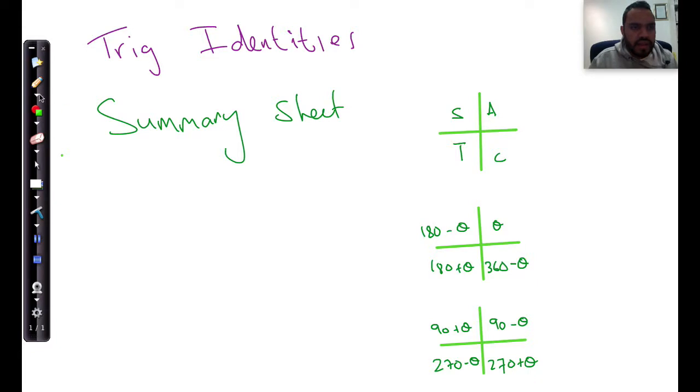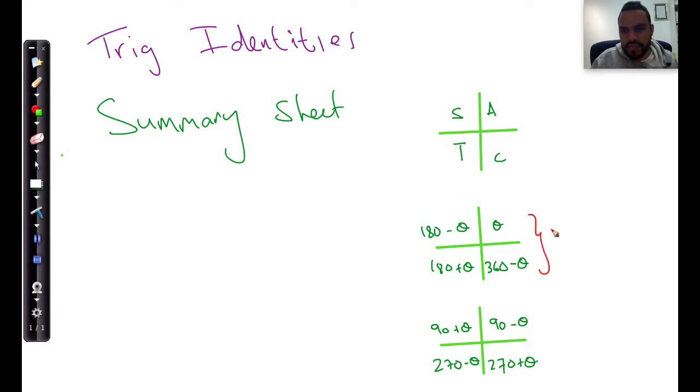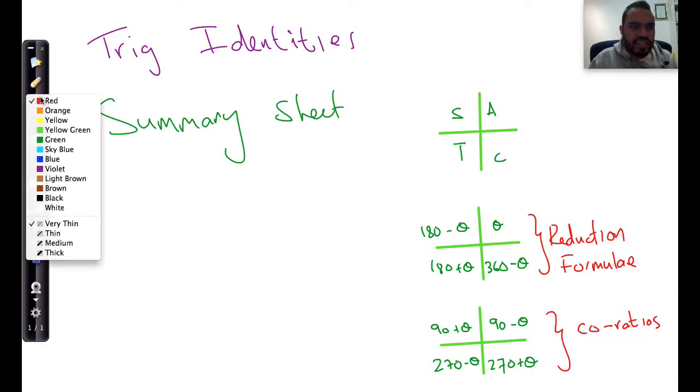So this is the CAST diagram. What we see over here is known as reduction formulae. What we see over here are co-ratios. We use this for co-ratios. And then you had two identities that were very important.